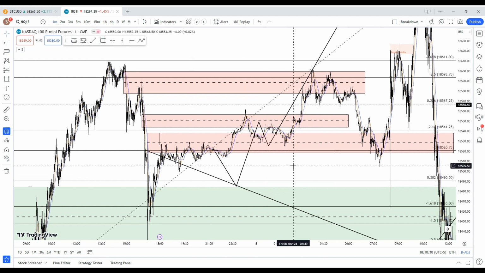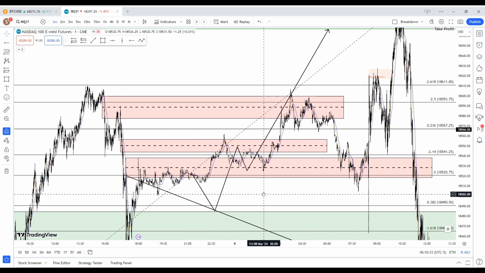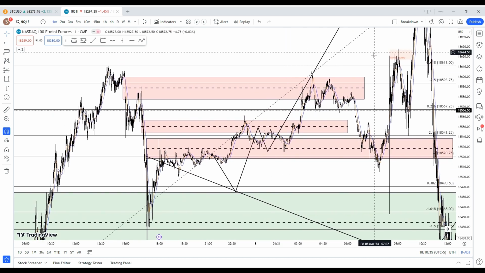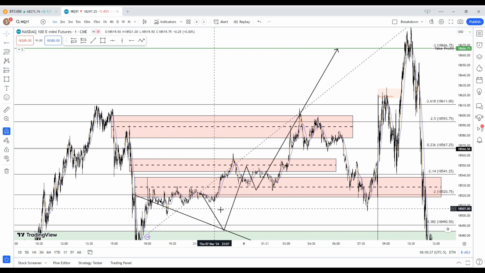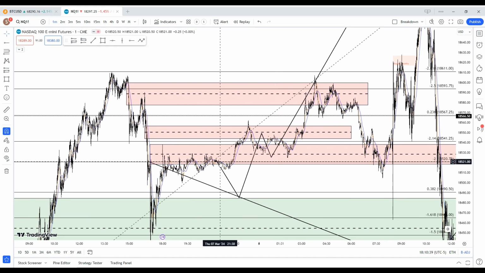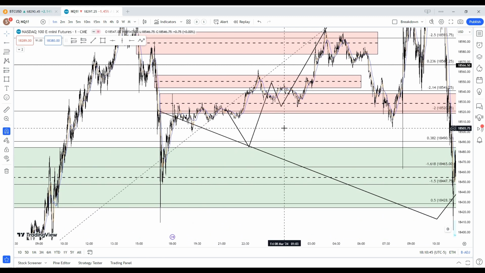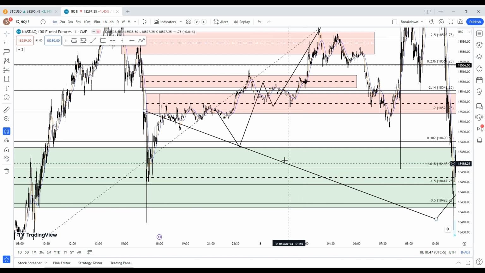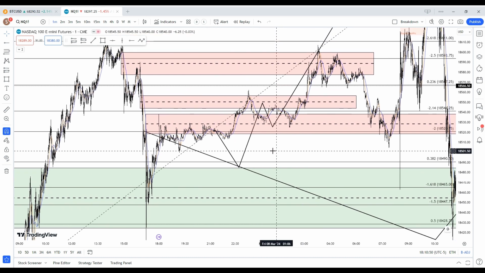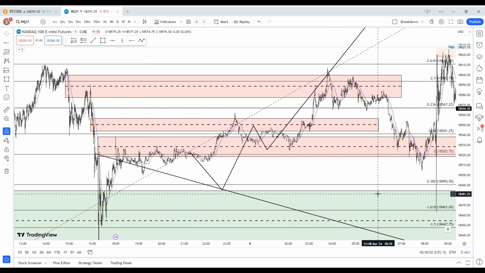So in yesterday's video, we had this drawing, right? We were thinking that we could possibly pull back into this hourly fair value gap and the top of this daily fair value gap here, which we didn't get.